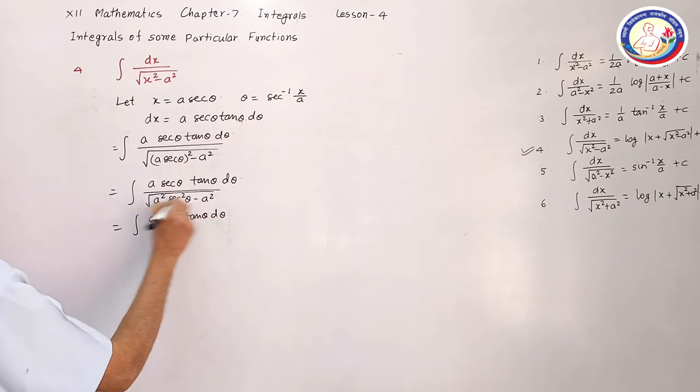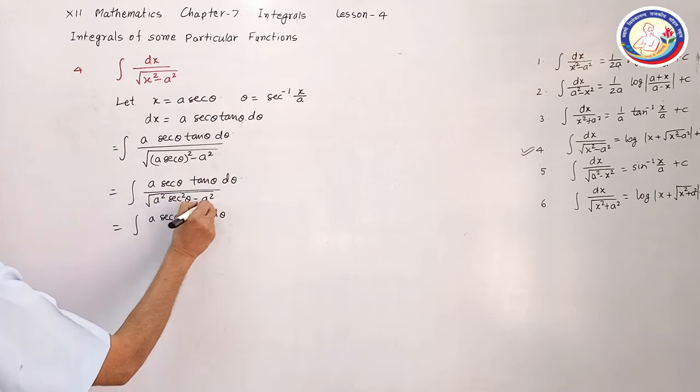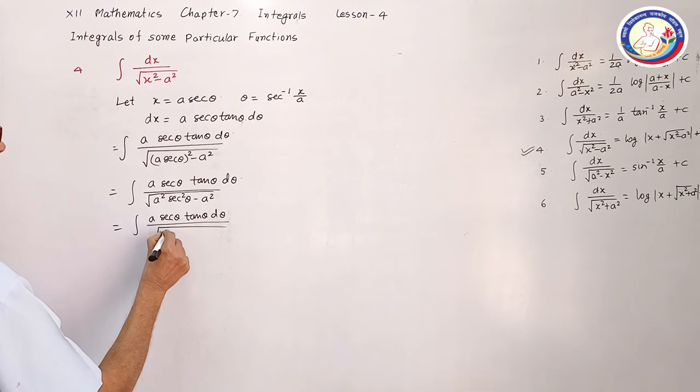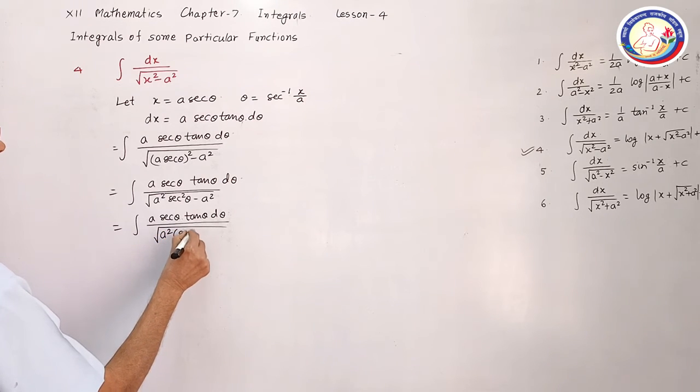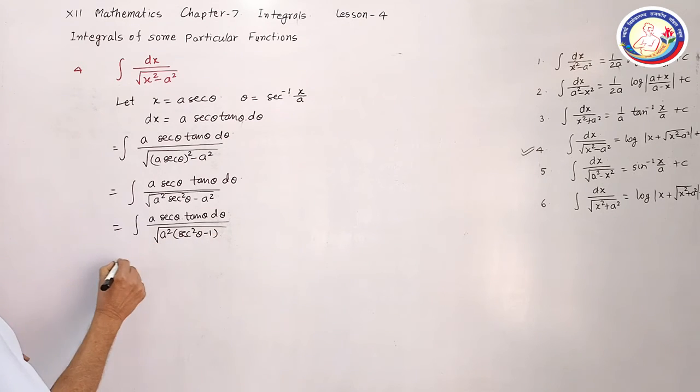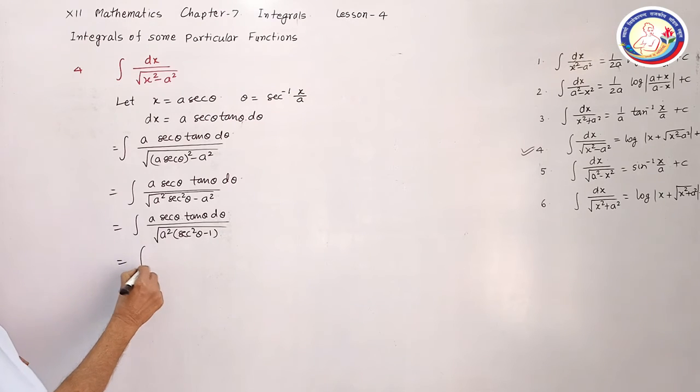Now in denominator a square is taken common. Then a square into sec square theta minus 1. So this is tangent square theta, and square root of a square is a.